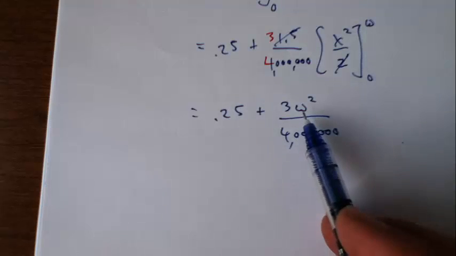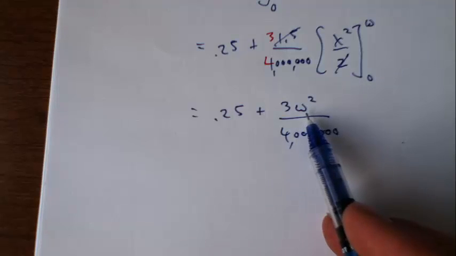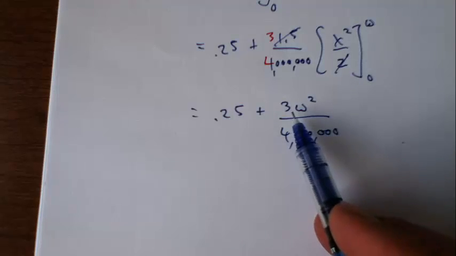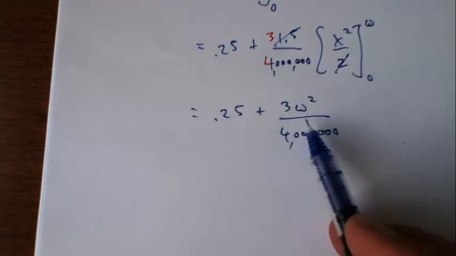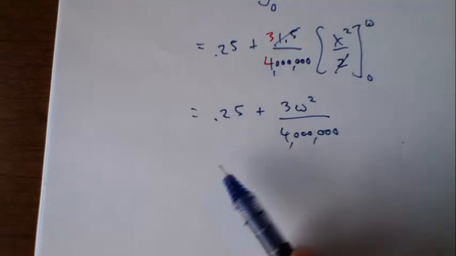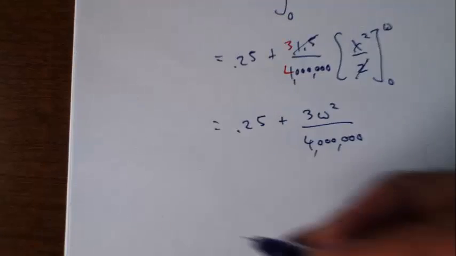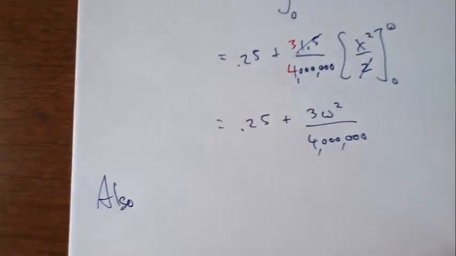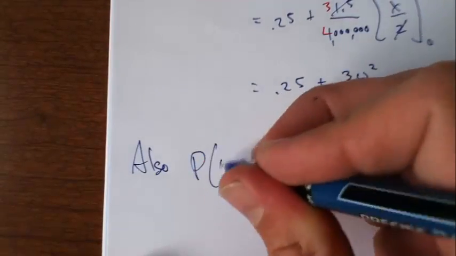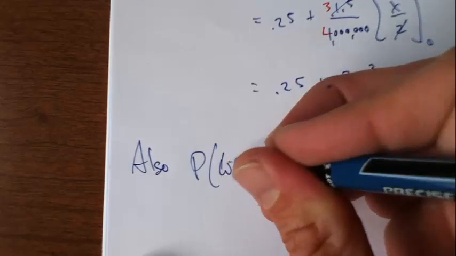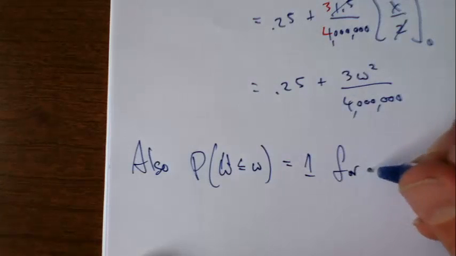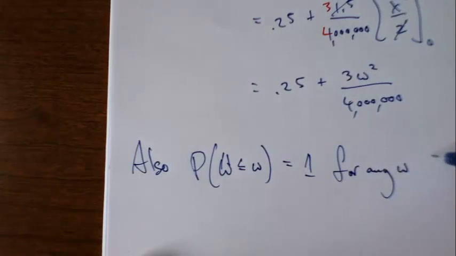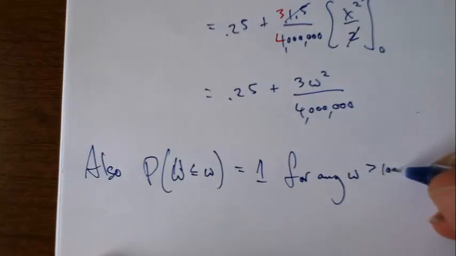If I put 1,000 in for w, 1,000 squared is 1,000,000, times 3 is 3,000,000, over 4,000,000 is 75%. 75% plus a quarter is 1. So things are checking out okay. And finally, we have to be complete here. The probability that W is less than or equal to little w should be 1 for any w greater than 1,000.